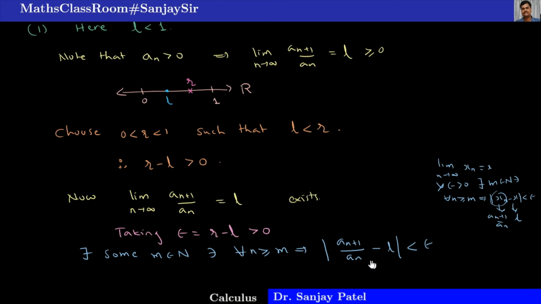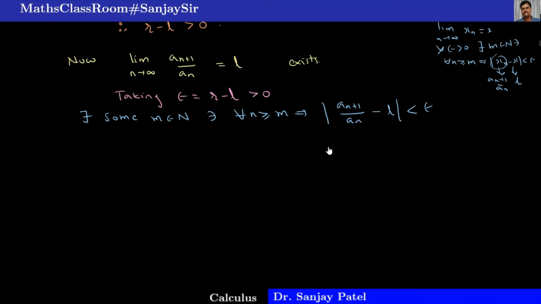So we can write down this statement. Okay. Now removing this modulus, what we can write here is, therefore, for every n greater than or equal to m implies L minus epsilon less than an plus 1 upon an less than L plus epsilon.